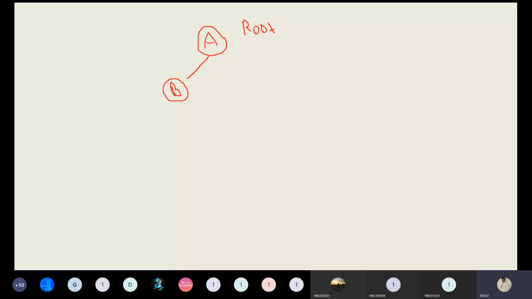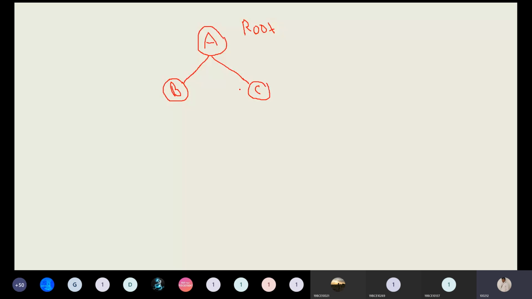So we have B here, and here we have C. This is the root node, and it is also known as the parent of B and C. Is this part clear to all? Yes, sir. So we can say A has two children, B and C.